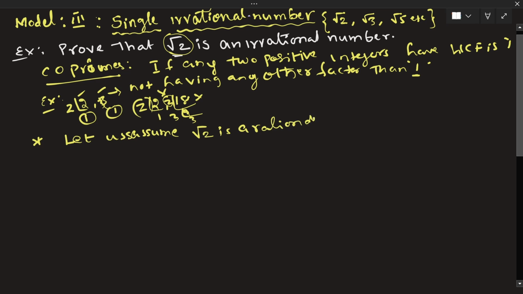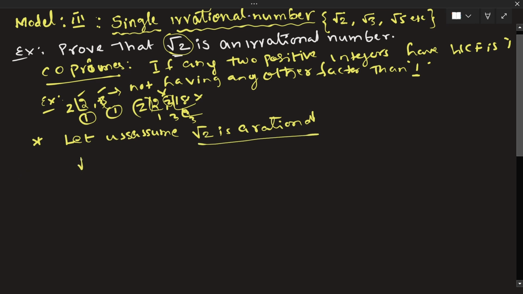Because in the process of contradiction we have to take the opposite of the actual fact. The fact is that root 2 is an irrational number, but we take its opposite, the contradiction statement, that root 2 is rational.